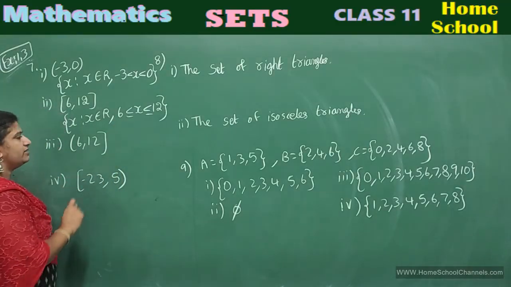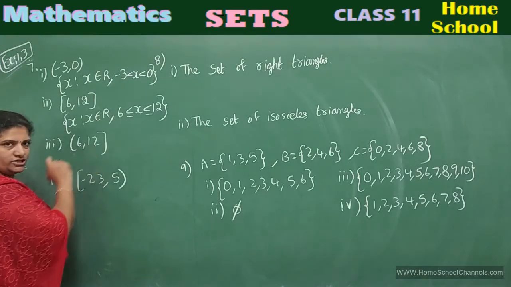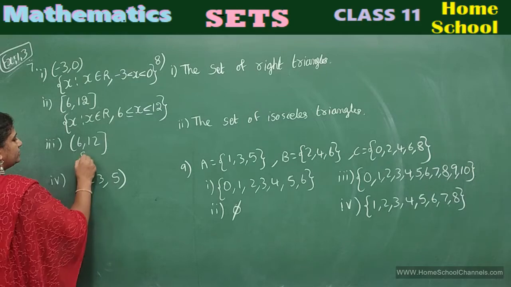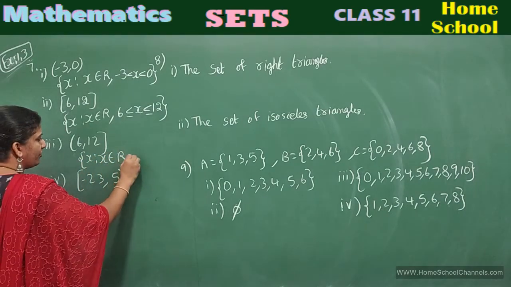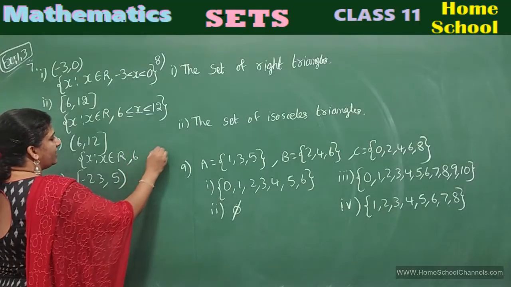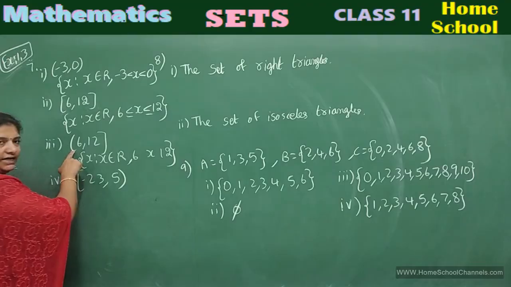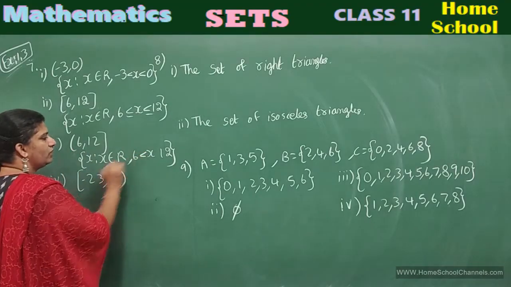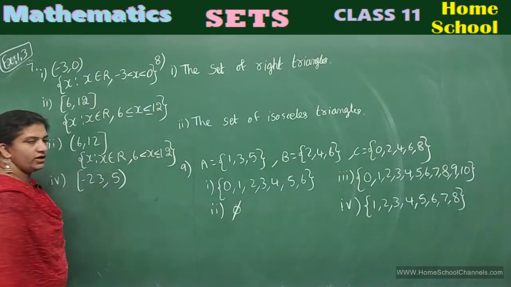See the next one. 6 comma 12. Open interval, closed interval here. X such that x belongs to real numbers. Take the numbers here, 6, 12, x in middle. See here it is open. Only less than you write here. It is closed. Less than or equal to.